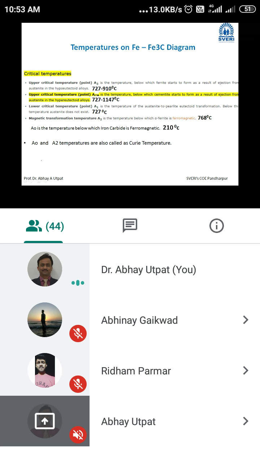The reverse way is given, meaning cooling. During heating, alpha converts into austenite, and during cooling, austenite converts into alpha. That is, during cooling, gamma gives alpha. That is FCC converted into BCC, and that is a range. A3 is not a single temperature.